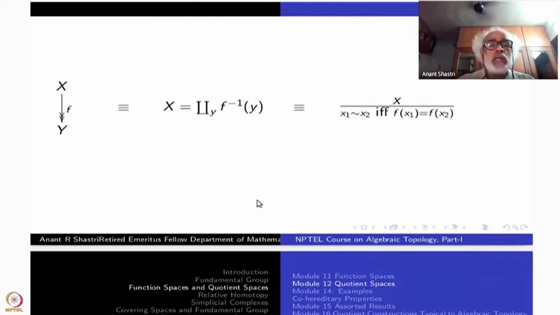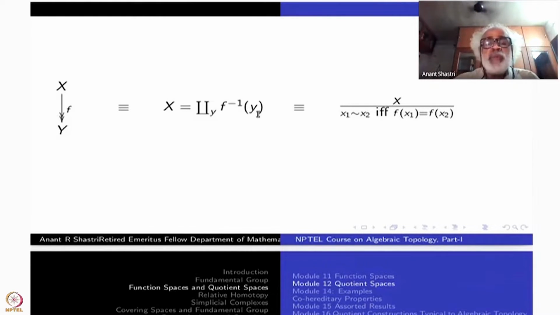The first portion here represents a surjective function, an onto function from one set X to another set Y. When you have this, you can take F inverse of y as y ranges over capital Y. That will give you a disjoint union of X, as I have written down here.